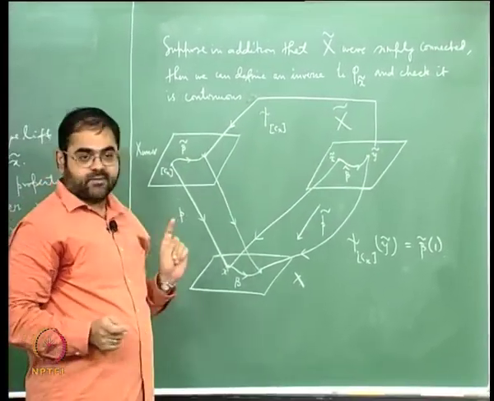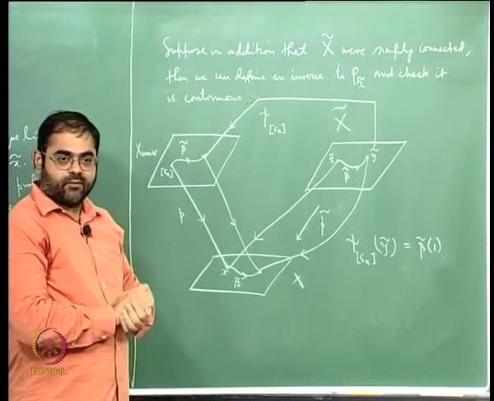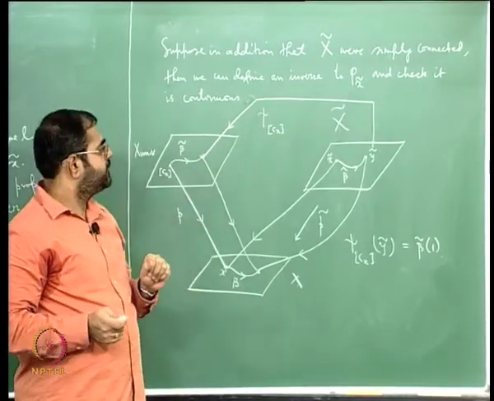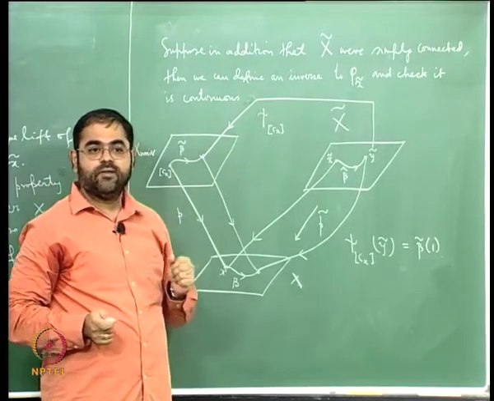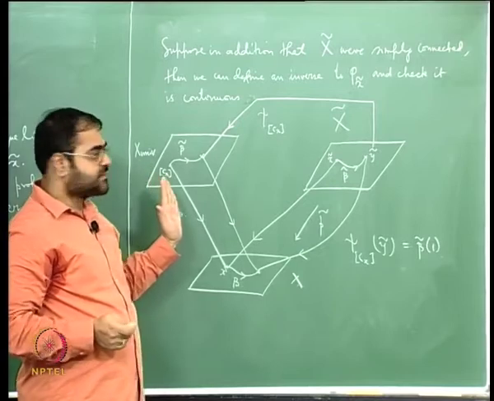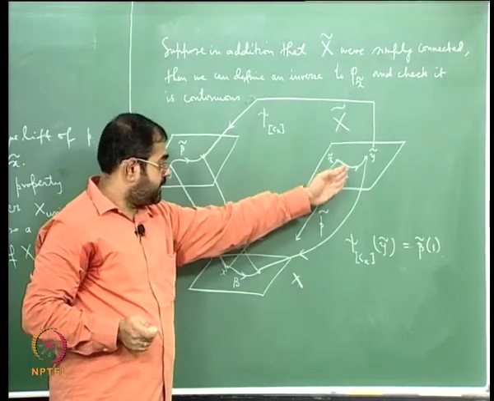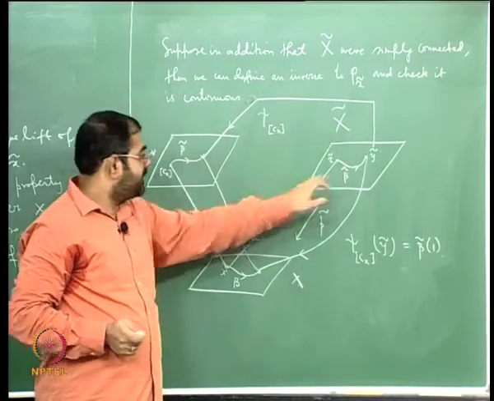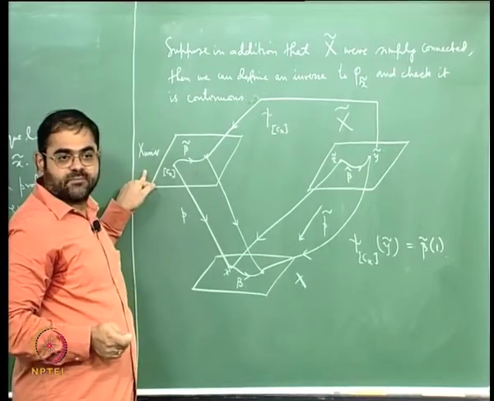Now again a little bit of exercise will tell you that this map is continuous, okay, and it is an inverse to phi sub x tilde, and therefore phi sub x tilde will turn out to be a homeomorphism. So what it will tell you is, if x tilde to x is a covering space with x tilde simply connected, then that has to be homeomorphic to the universal covering space, okay.